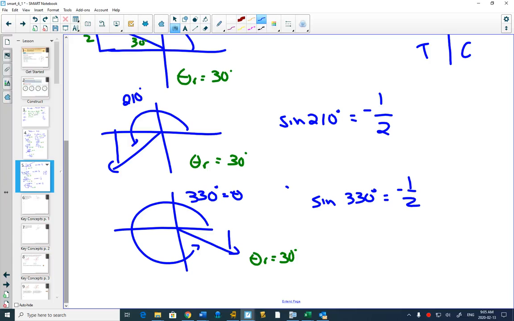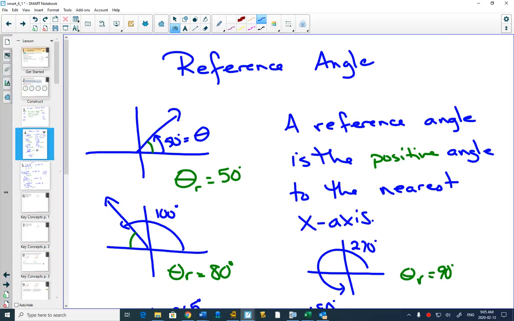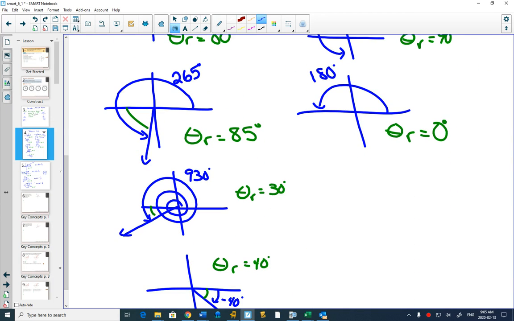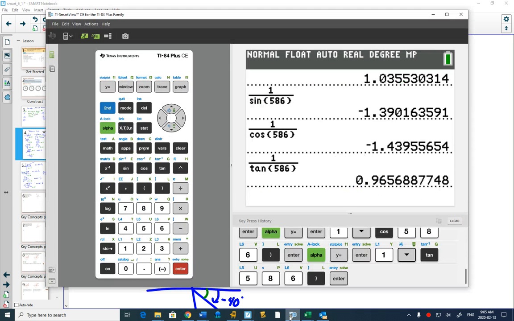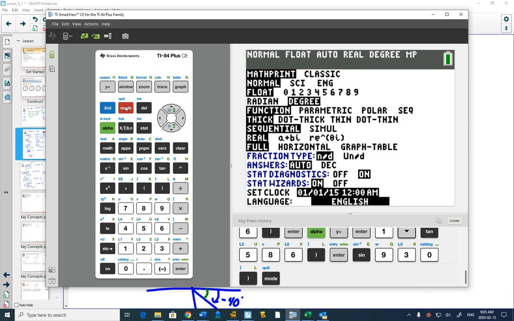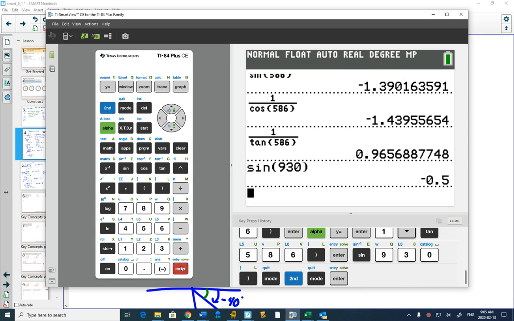So even here, look at this. Going back to the hypnosis one where you're liking math again. Sine of 930 degrees. If you type that into your calculator, okay, unless we did a mental math error in drawing it, sine of 930 degrees, check my mode, I'm in degrees, gives me negative 1/2 as well.